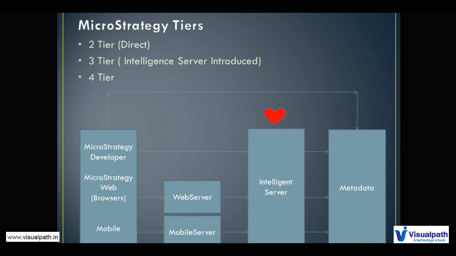As you can see on my screen, let's consider this section as the first tier, this section as another tier, this section as another tier, and the last one again another tier. When we talk about 2-tier, which is also known as direct tier, you are directly connecting your first tier to your second tier, right?